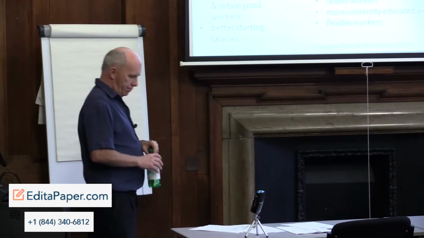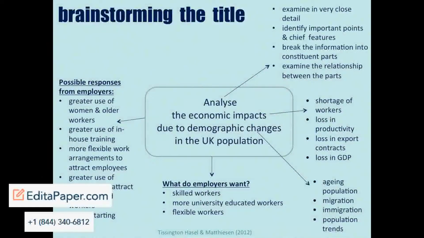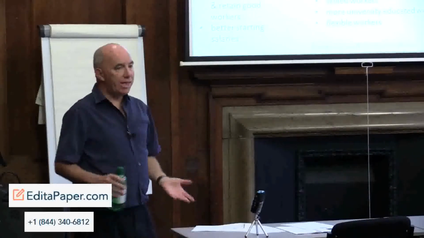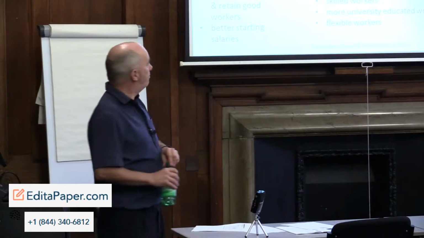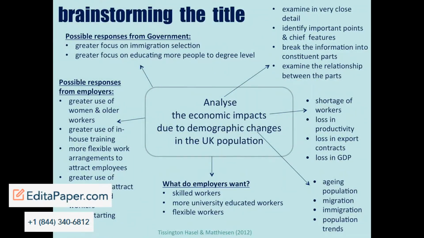And maybe better salaries. And the government could do something. I think it's talking about that now. Greater focus on immigration selection. Maybe hand-picking skilled workers. I suppose it's been doing that anyway, hasn't it? It's been looking at doctors and nurses and maybe trying to educate more people to degree level, or educating people in subject areas that are needed.